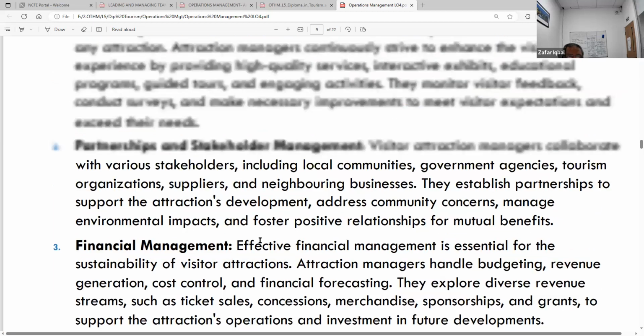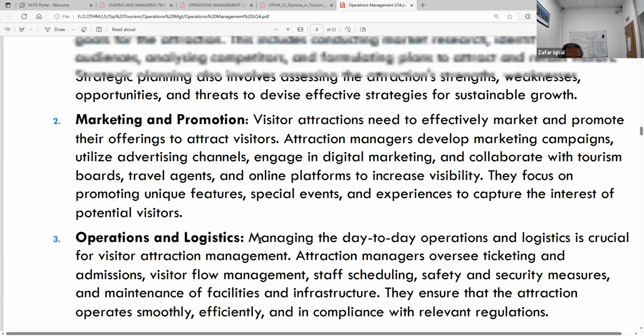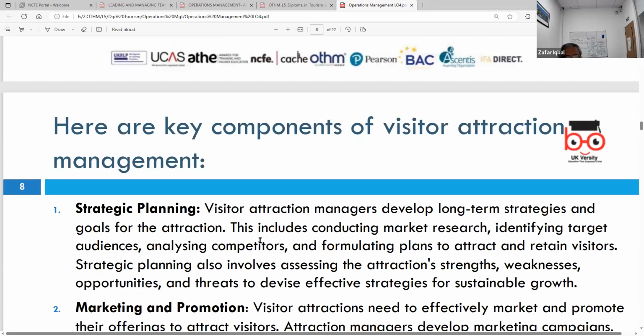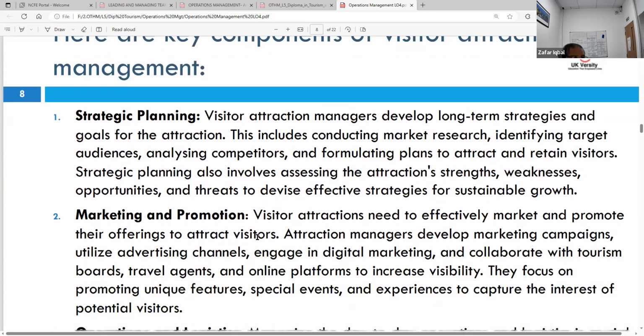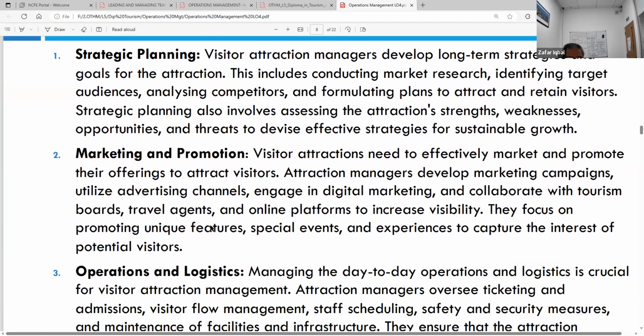So all in all, what I'm saying is when you are looking at the key elements of a visitor attraction management system, you should bear in mind that the place should be viable. It should have good promotion and a good planning system. It should run smoothly.